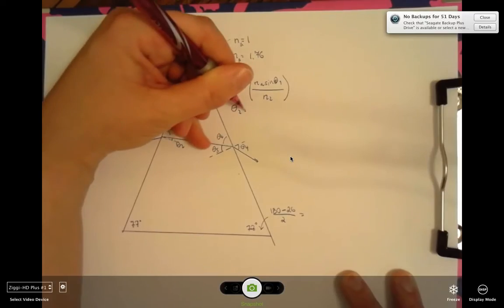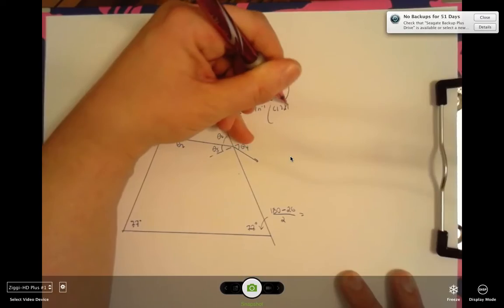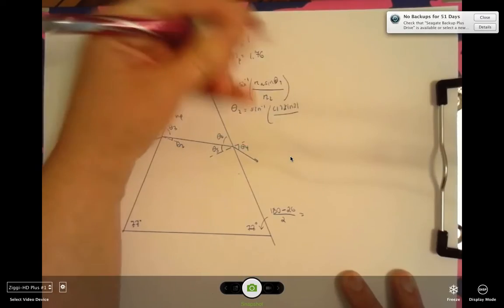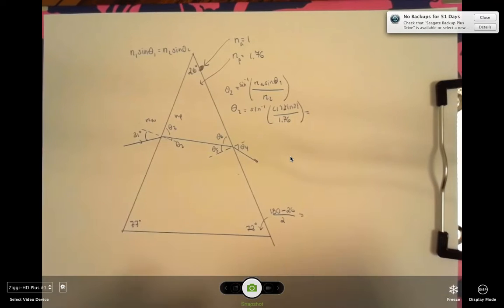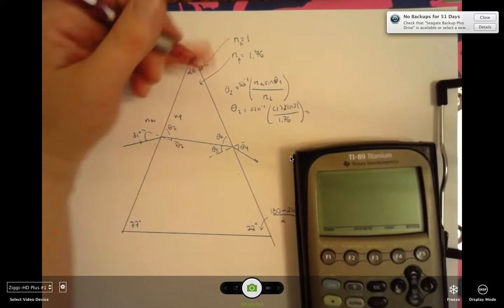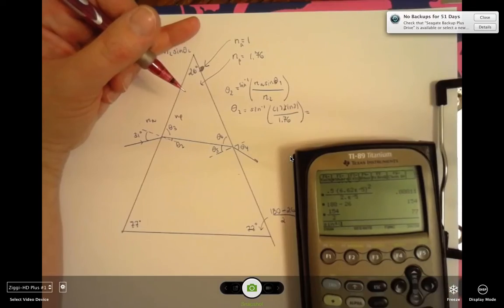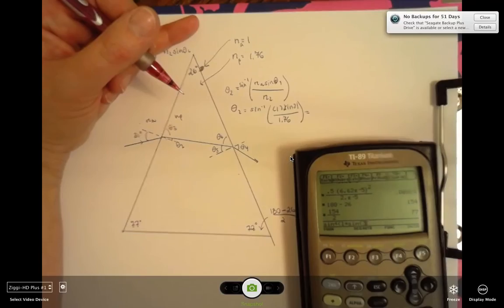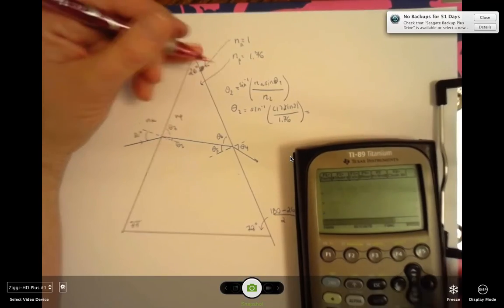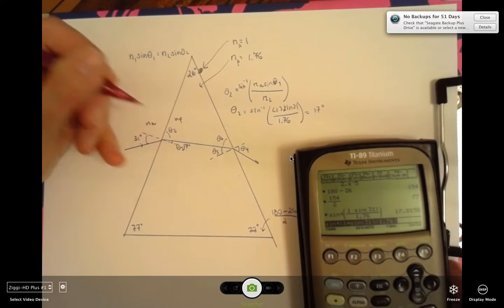So theta 2 is going to be the inverse sine of 1 times the sine of 31 over 1.76. So our refracted angle on the inside is going to be 17 degrees. So theta 2 right here is 17 degrees.